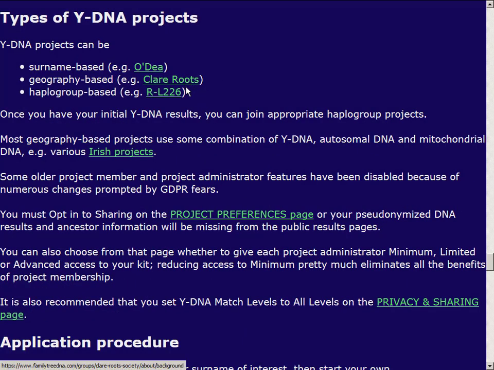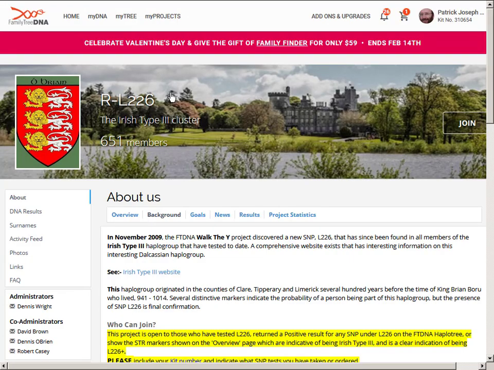I've shown you the Clare Roots project, and I've talked to you about the Dalcassian surnames. There is a haplogroup project for everyone with that L226 mutation, which is characteristic of the Dalcassian surnames. And there's some very good people running that one. There's a picture of Dromoland Castle, the home of the head of the O'Brien dynasty.